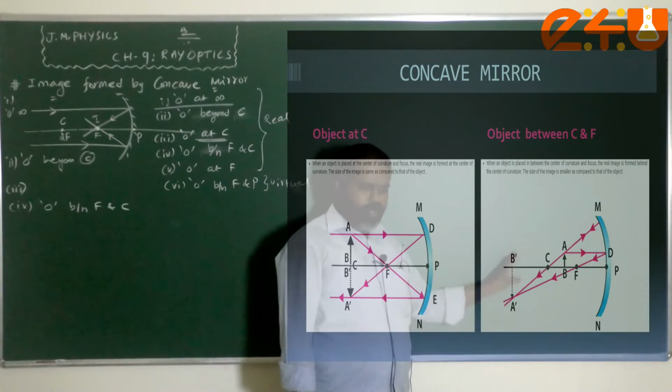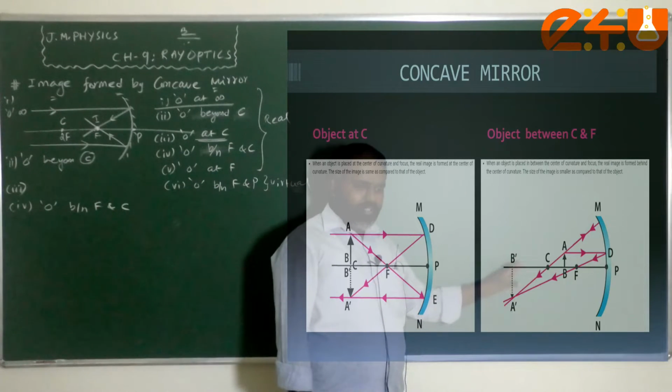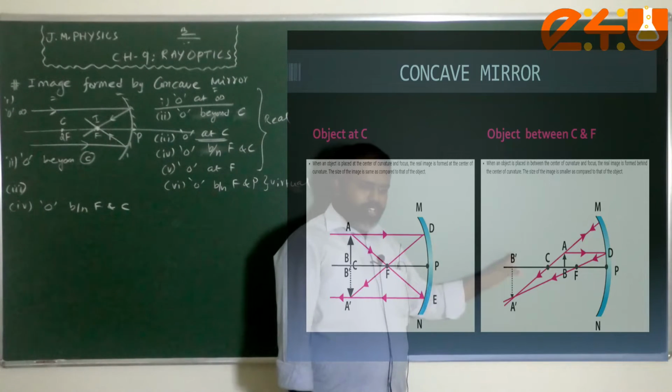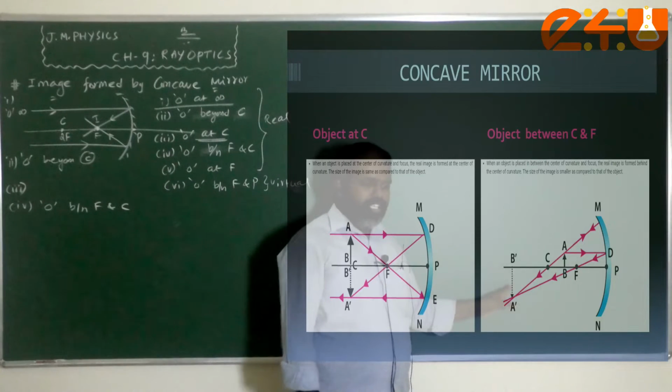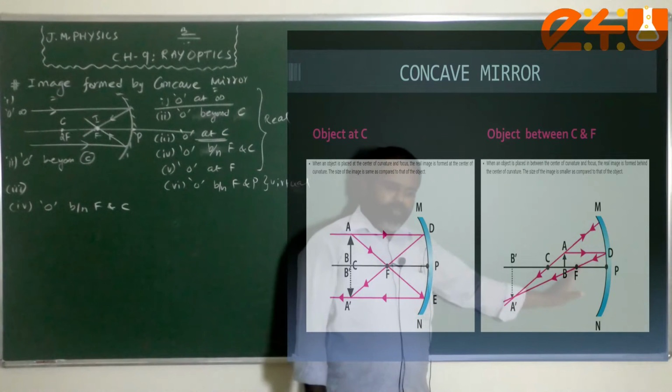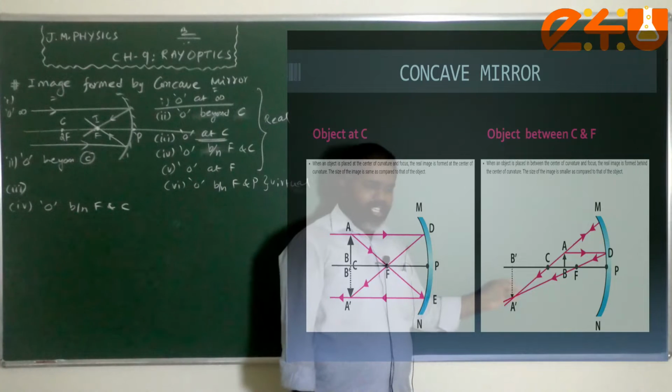And here, please don't put the dotted line; it is shown here to distinguish the image and the object. But generally a dotted line represents a virtual image. But here, even though in the diagram it is given a dotted line, yes, you can draw that as a solid line in order to show that it is a real image. In general, the image formed in front of the mirror is generally a real image.